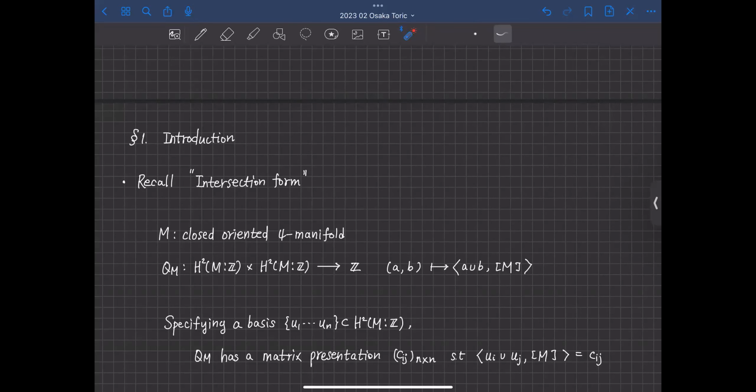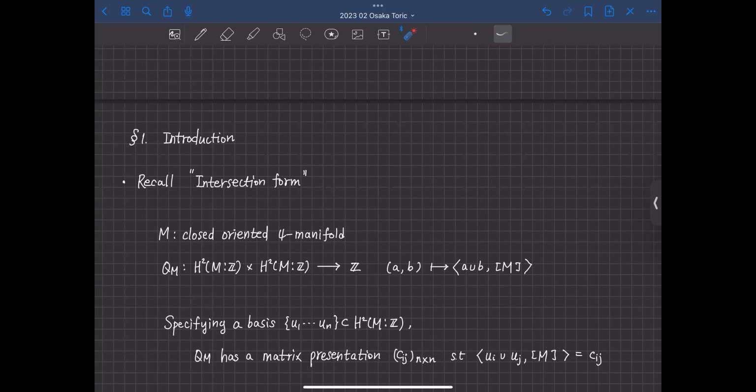If you have a closed oriented four-manifold, then you can think of a certain symmetric bilinear form from the product of H^2 to Z, given by, if you have two cohomology classes A and B, a certain integer obtained by the cup product of A and B together with the natural pairing with the fundamental homology class.